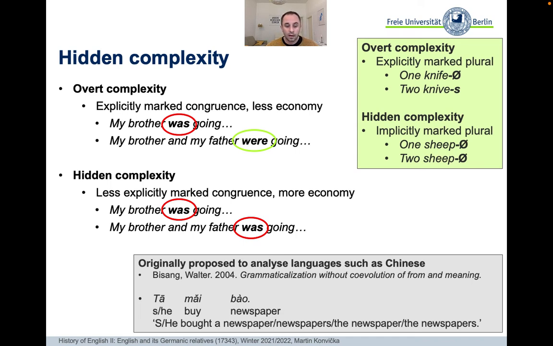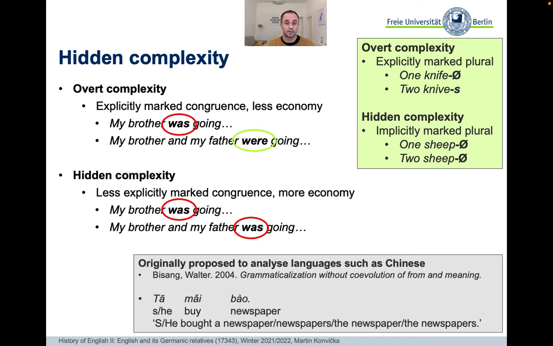So the example sentence that I have on the slide can either mean she bought a newspaper or he bought a newspaper. It can also mean she or he bought more than one newspaper, or the newspapers. So definiteness, number, gender, and so forth are not marked.